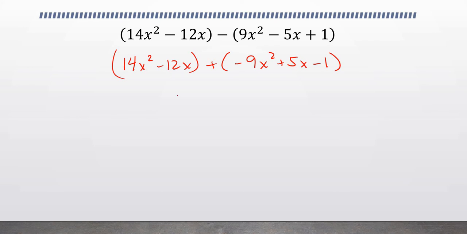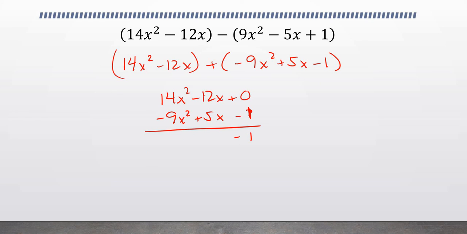I'm going to use the vertical this time. 14x squared minus 12x. Subtract 9x squared, add 5x, and subtract 1. It's an understood 0 here, so 0 minus 1 is negative 1. Negative 12 plus 5 is negative 7. And 14 minus 9 is 5.